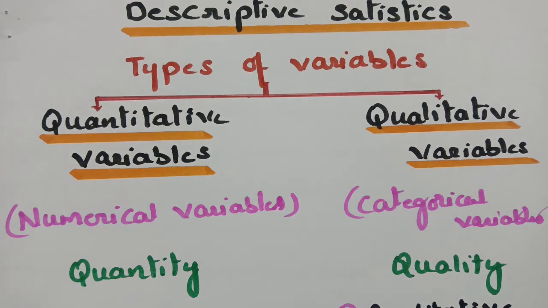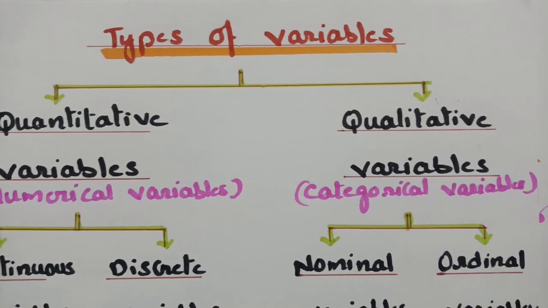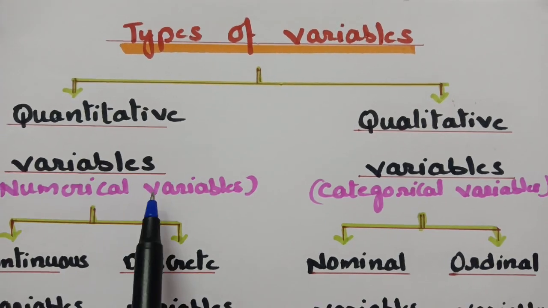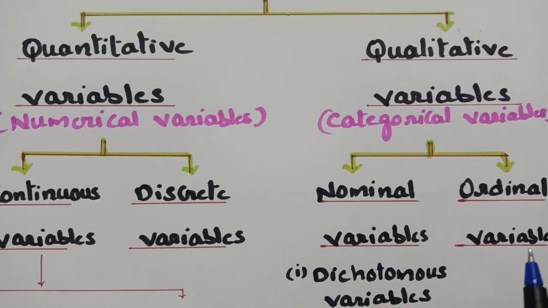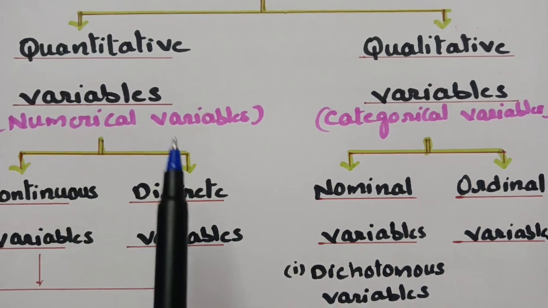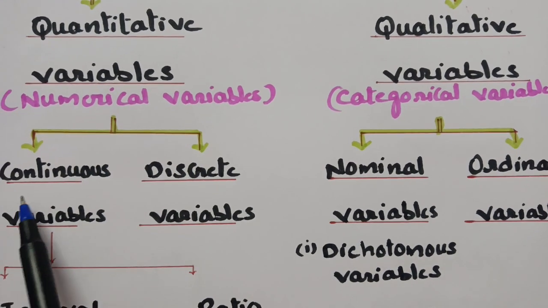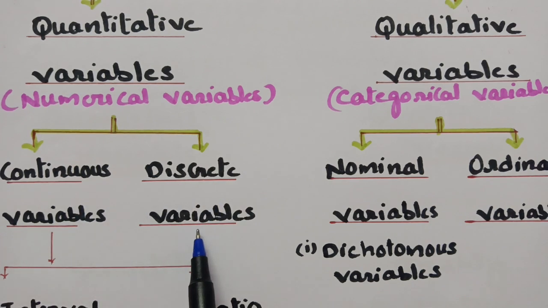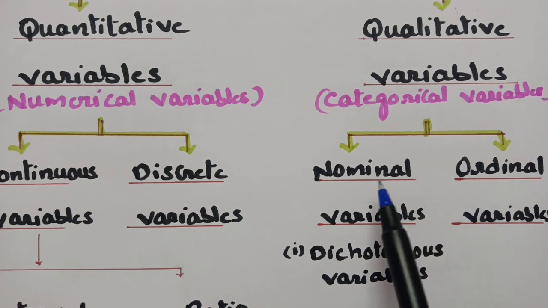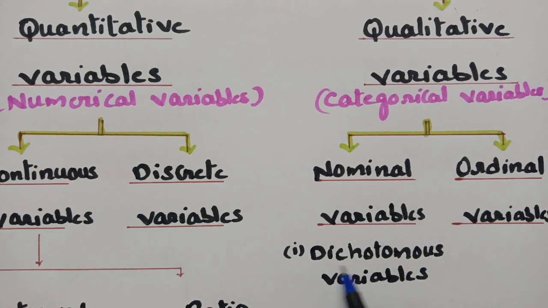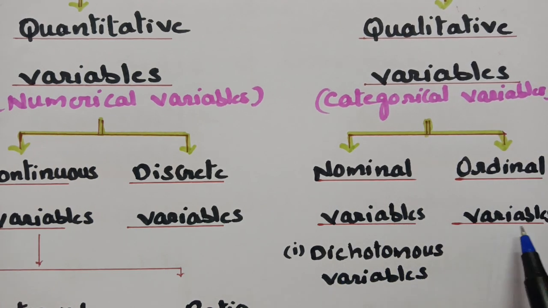Further, this type is subdivided. See here, quantitative variables, numeral variables, and qualitative variables, categorical variables, are further classified. Quantitative variables are further classified as continuous variables and discrete variables. And here, categorical variables are classified as nominal variables, dichotomous variables, ordinal variables.